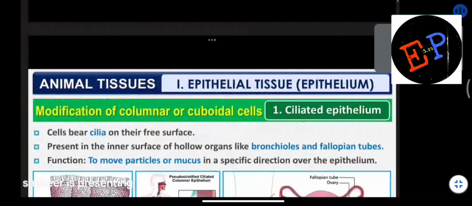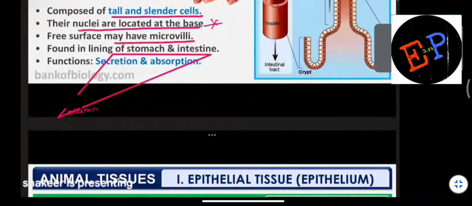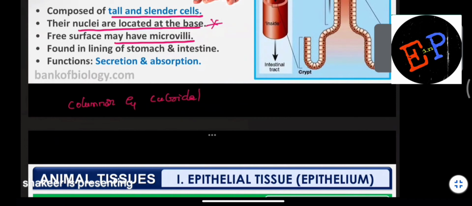So here what we write: columnar and cuboidal epithelium are modified into two types.